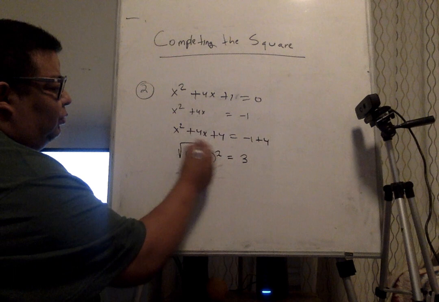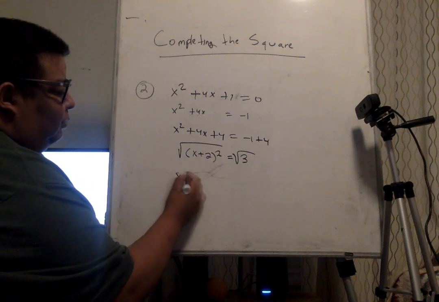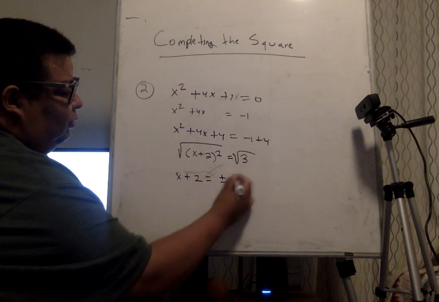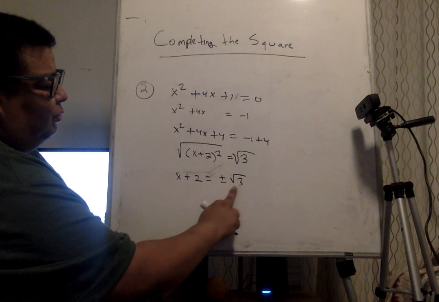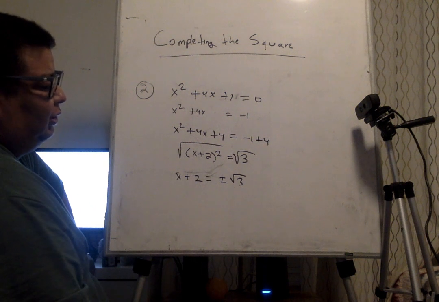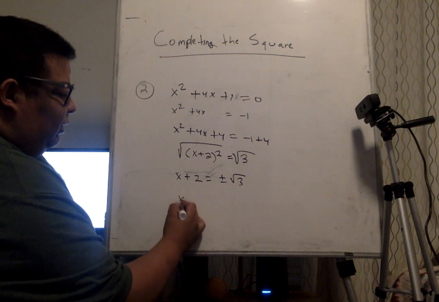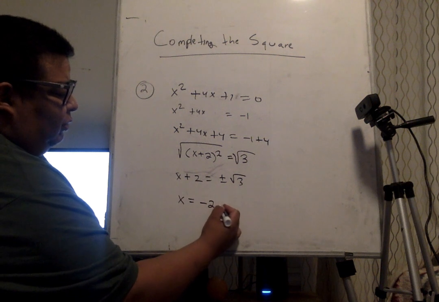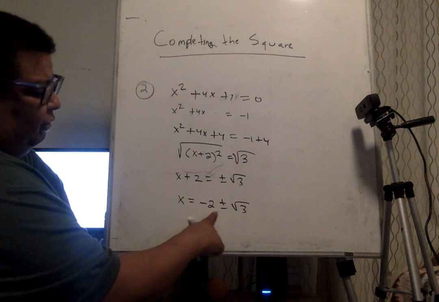Now we take the square root on both sides, so the left side becomes x plus 2 and the right side becomes plus or minus square root of 3. Notice here square root of 3, you can leave it like that. You cannot take the square root and get an integer. Okay, so the final answer is going to be x equals, we move the 2 to the other side, negative 2 plus or minus square root of 3. And there you have your two answers.